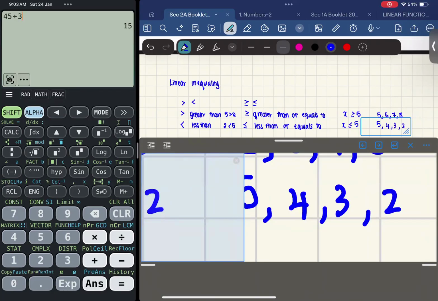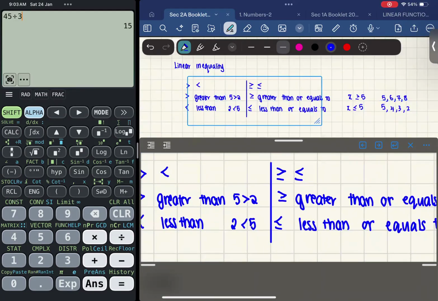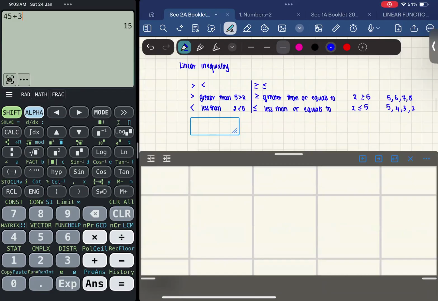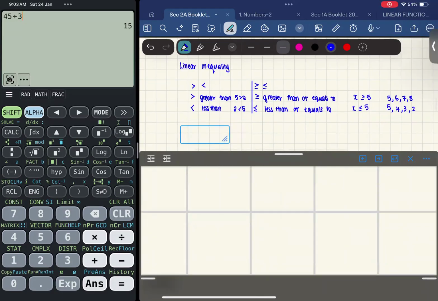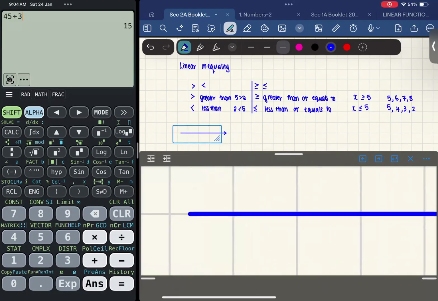So after we learn the signs, we learn how to draw, correct? Next we learn how to draw a number line.